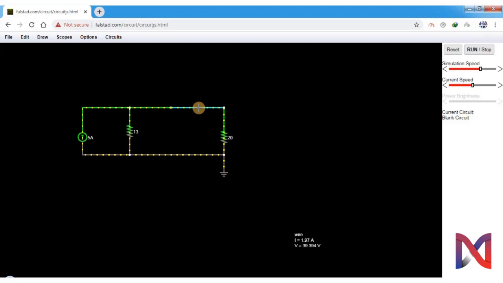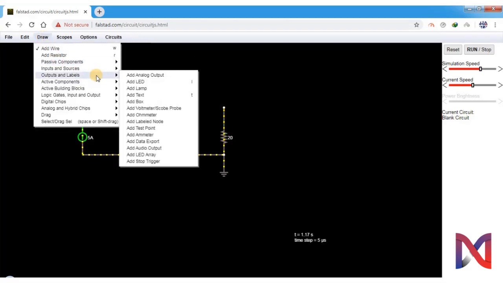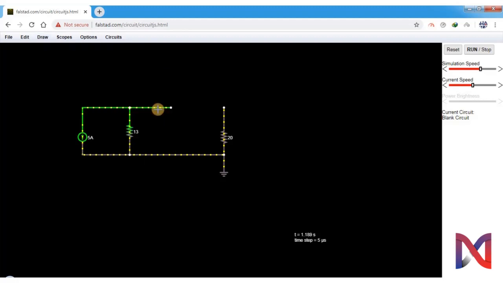So we will delete this wire and go to draw, output and labels, and place an ammeter right here. So here we have 1.97 amperes, which is approximately equal to 2 amperes. So our Norton theorem is verified through simulations.